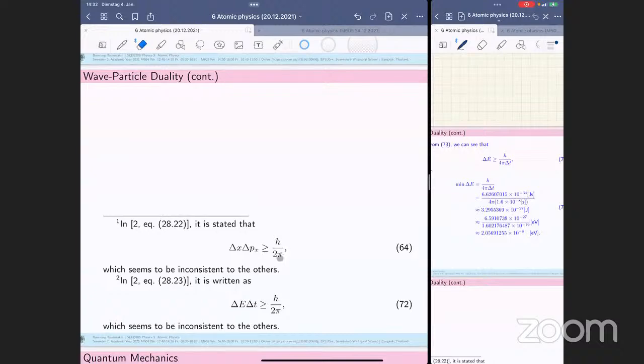It is not correct, because once we compare this term to many other references, it should be h by 4 pi, which is what we have here in this lecture. I made the mistake last year, so to prevent the mistake with you again this year, please don't use this formula. H by 2 pi is not correct. H by 4 pi is the correct one.